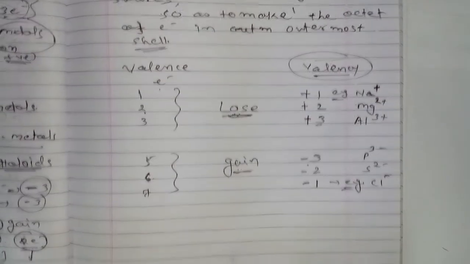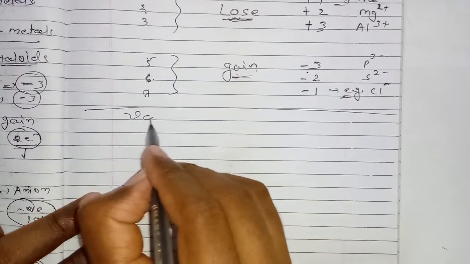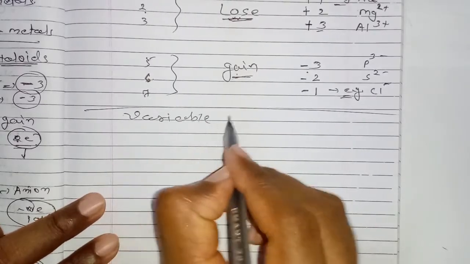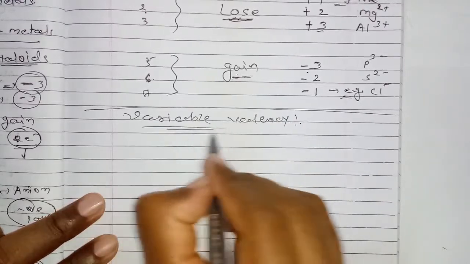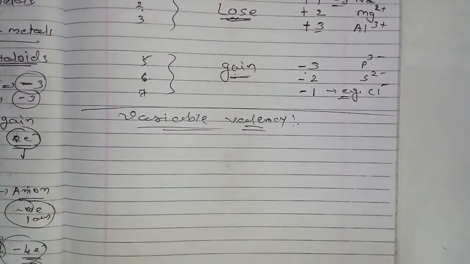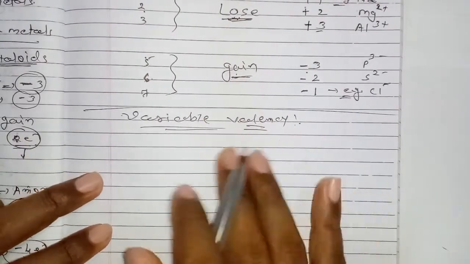Now, there is variable valency. Certain elements exhibit more than one valency.